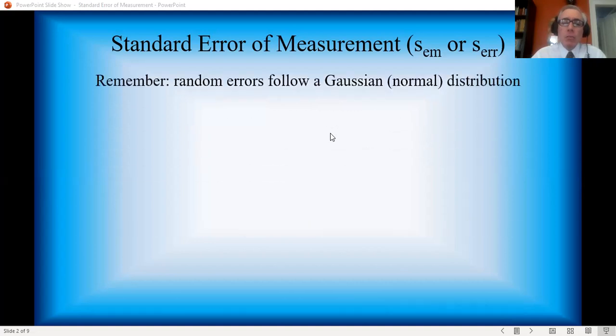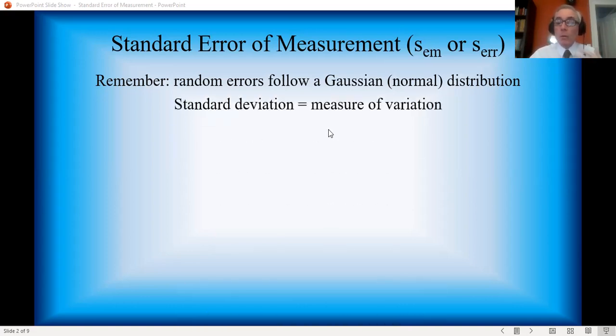The standard error of measurement rests on the fact that random errors, the statistical errors that are a part of every assessment, typically follow a so-called Gaussian or normal distribution. That is, they are distributed symmetrically around a midpoint, which would be the mean score you would get if you took the test hundreds and hundreds of times, and become increasingly rare the further away you get from that.